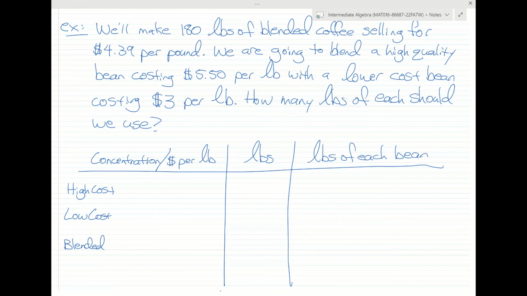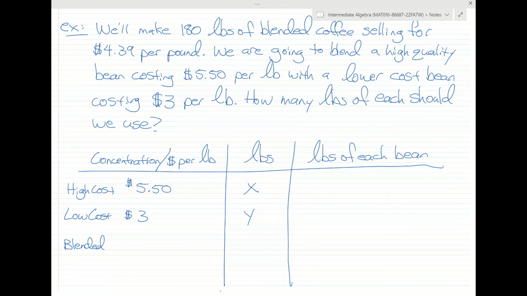So the high cost was $5.50 per pound. We don't know how many pounds of that we need. The low cost was $3 per pound. We don't know how many pounds of that we need. Then it's asking how many pounds of each.